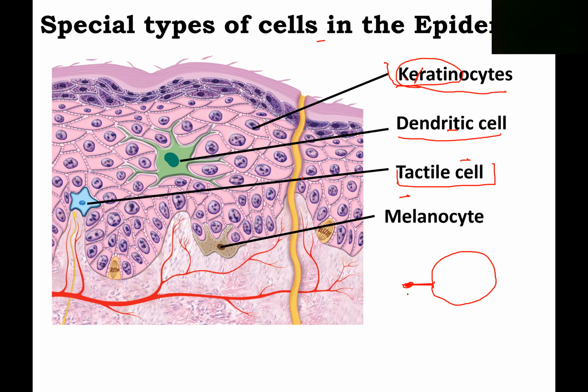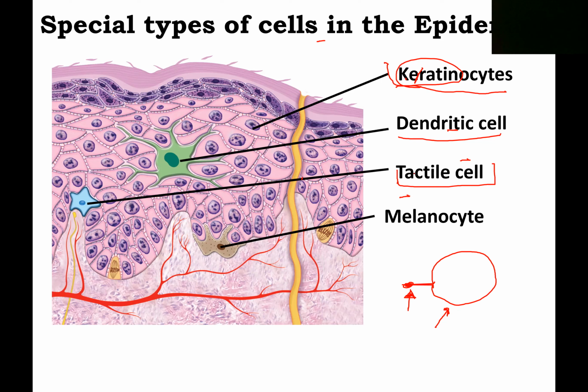If we just had the receptor organ, this is how much area would be sensitive to that stimulus. With the tactile cell, it increases the range of sensitivity, so you have a bigger, broader area.